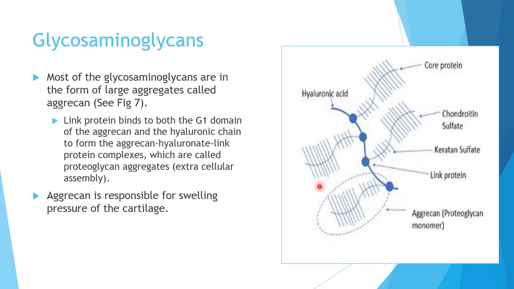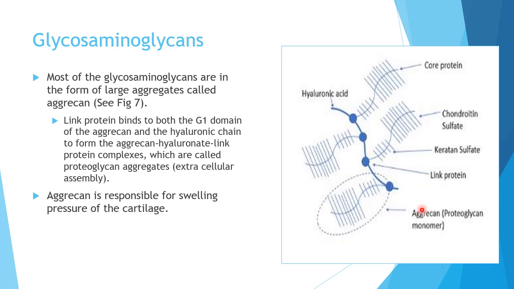These proteoglycan monomers can become proteoglycan aggregates by attaching together through a backbone of hyaluronic acid and link protein. So the link protein will connect the proteoglycan monomer to the hyaluronic acid, and this will form the proteoglycan aggregates. So the glycosaminoglycans, these are linear chains of polysaccharide.